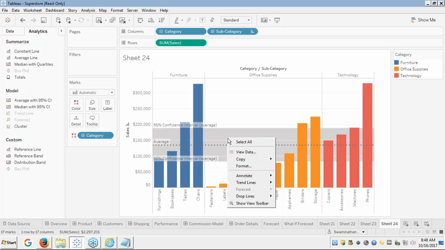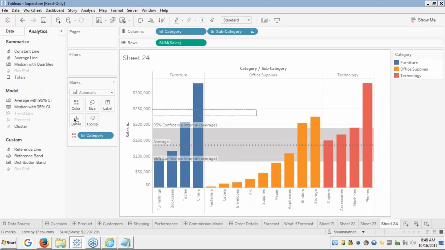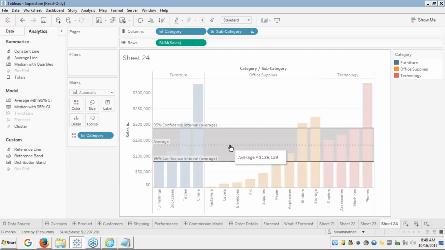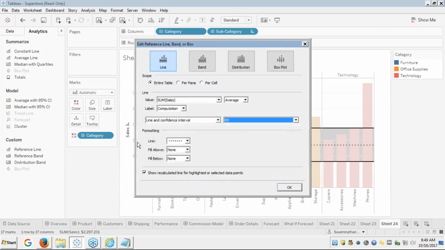Similarly, I can edit these reference lines. How to edit the reference line? The same way, just click here and edit. Can you see that?